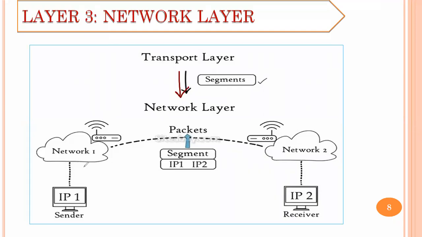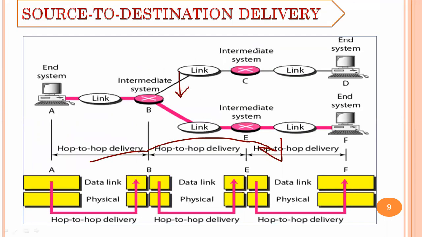So the network 1 layer will connect to network 2 of the receiver. Again, this is the same method that we have already discussed in the previous slide, the source-to-destination delivery from system A to F.